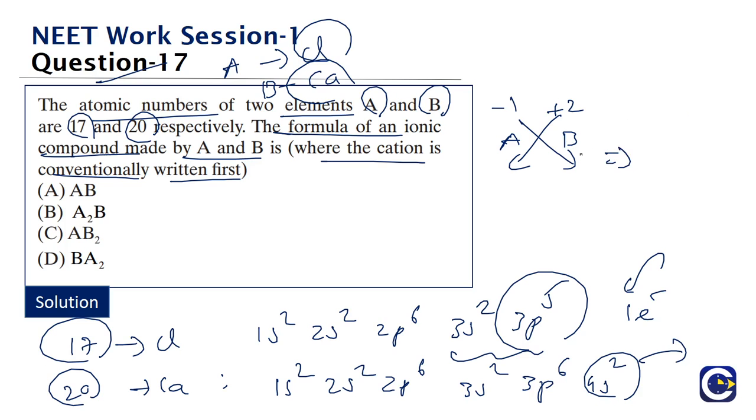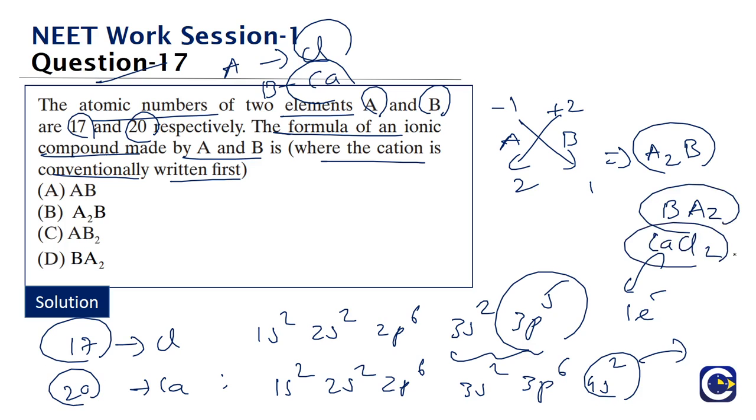So 2 will come here and 1 will come here, means A is 2 and B is 1. But B is the cation, and convention-wise we have to write the cation first, so we should write it as BA2. Actually it is CaCl2. What is the formula?